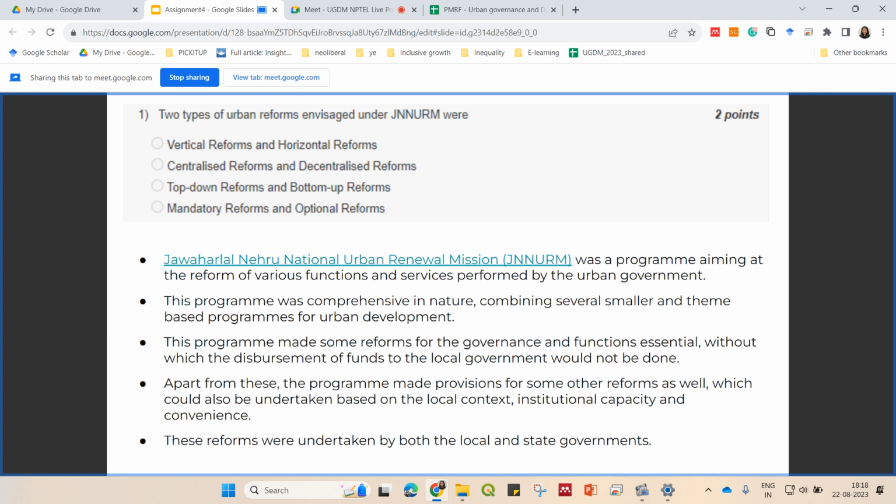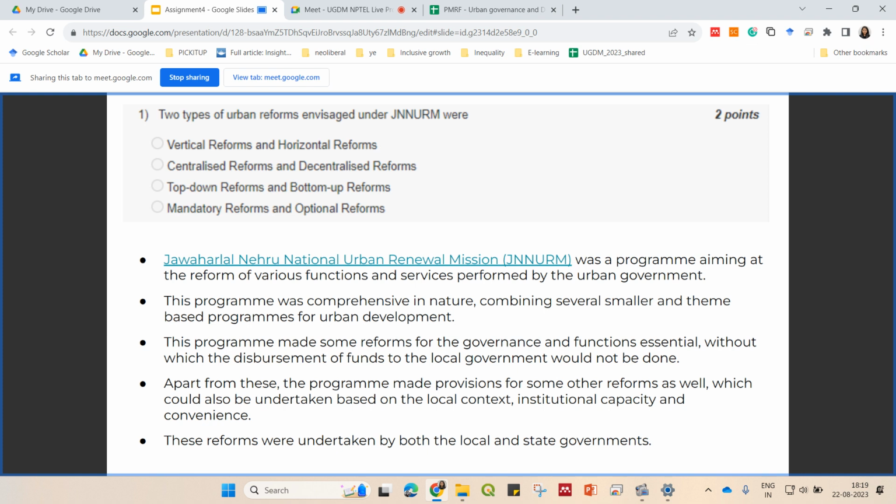Top down and bottom up reforms: a top down reform is something which is initiated at the top, so maybe at the central government or maybe at the state government, and then it's introduced further, or it is directed by the top tier to the bottom tier how some part of the reform should be carried out.